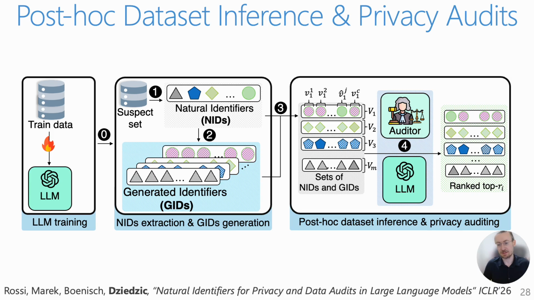This indicates that the LLM was trained on this data. However, in the opposite case, if my natural identifiers, so my SSH keys or MD5 hash values, are not ranked in the top positions, but somewhere randomly in the ranks, then this indicates that the model was probably, with high probability, not trained on my data.